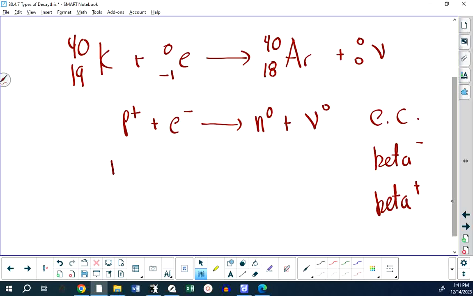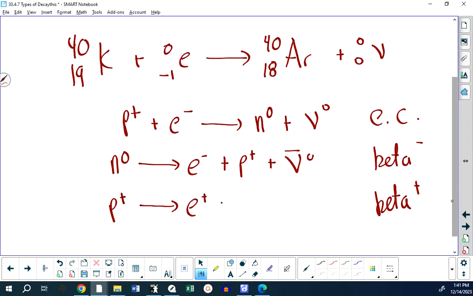Beta negative decay is this change. Beta positron decay is this change. Nope. Is this change. I just want to double check to make sure that's all right. Yeah.